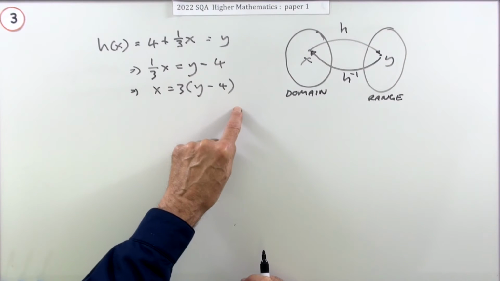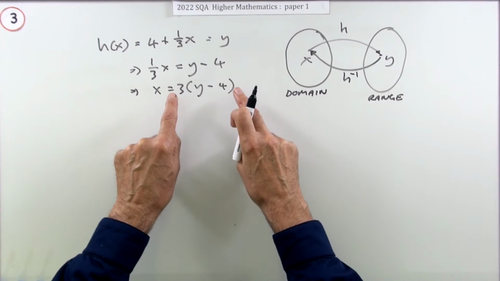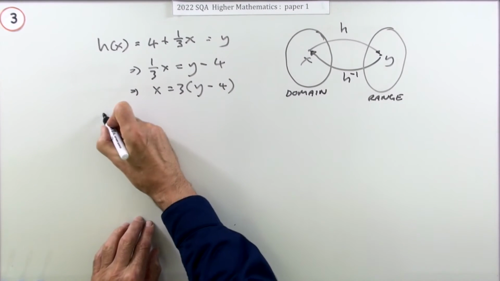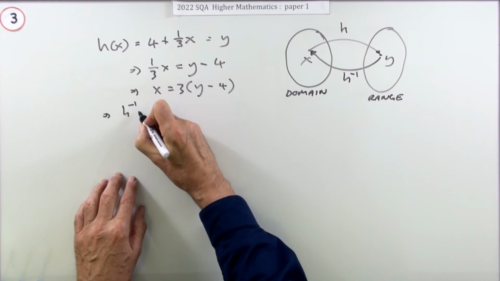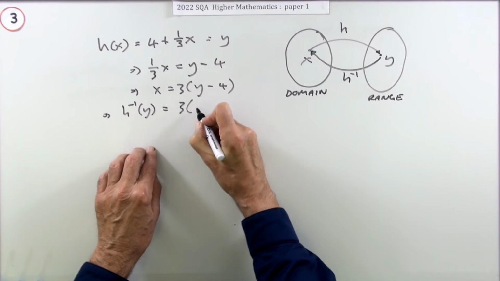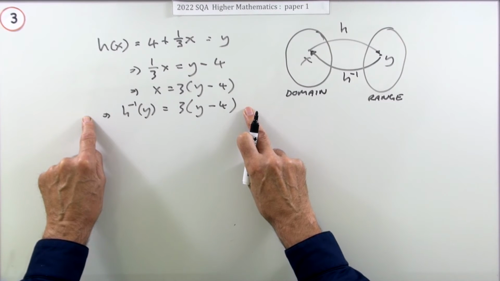Now, how do you express this in this form, though? Well, strictly speaking, this operation applies to putting y's in. So the next line should really be the inverse function, because it's acting on a y, would give you 3 times y minus 4. Now, you may well not put that down straight away.